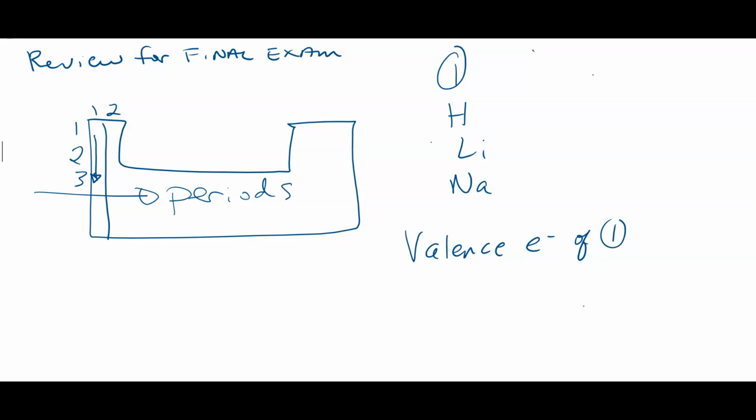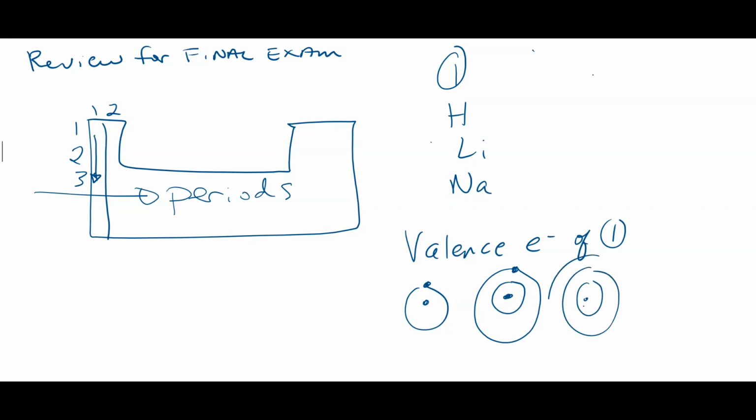So hydrogen just has its nucleus. It has 1 electron circling it. Lithium has 2 shells, has a nucleus, has 1 shell. Then it has a second shell, and there's 1 valence electron in lithium. Sodium is in period 3, nucleus, 1, 2, 3, 1 valence electron.